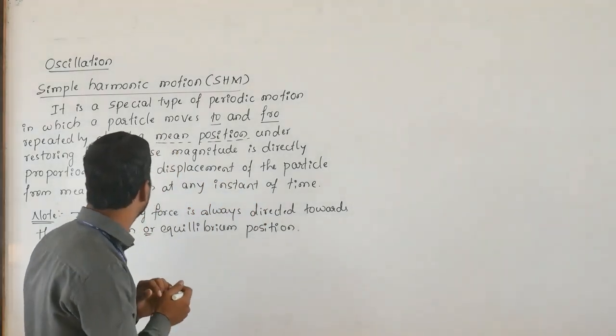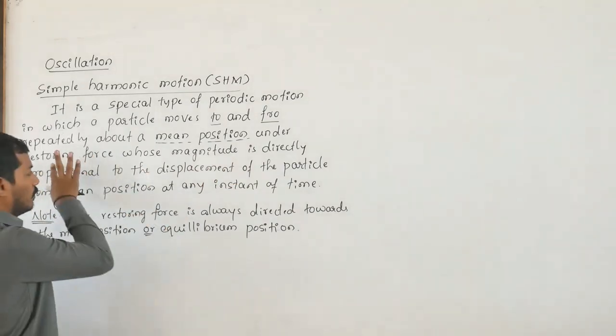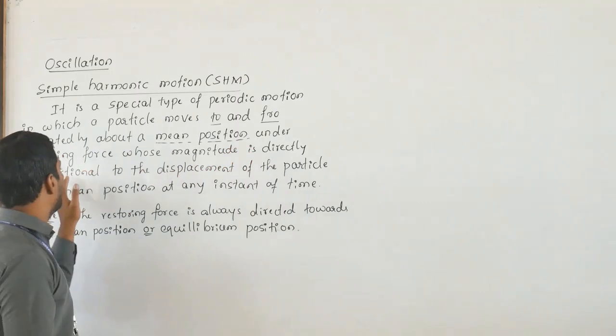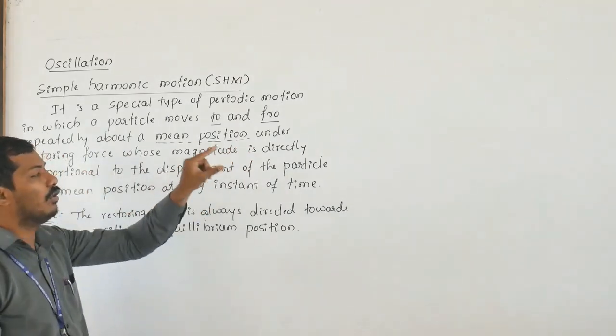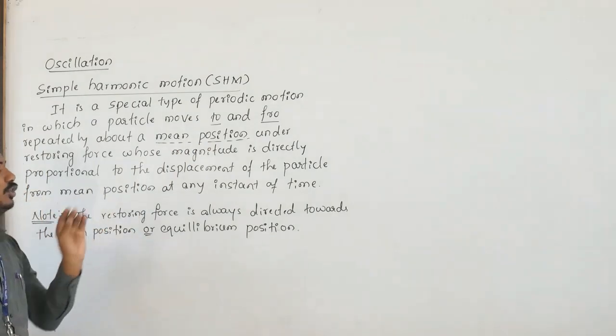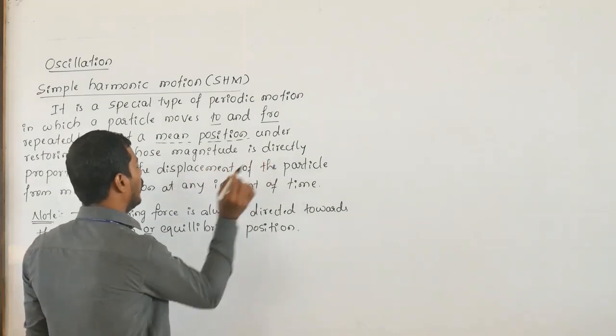The magnitude of the restoring force is directly proportional to the displacement of the particle from the mean position. The displacement of the particle from the mean position is a very important part.